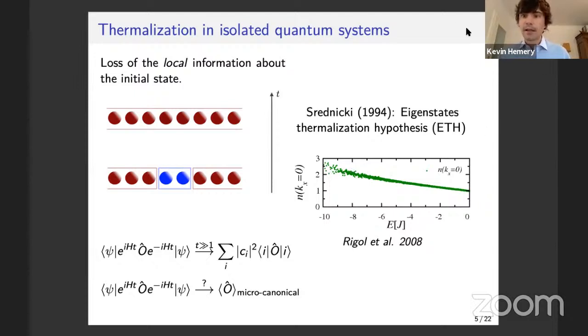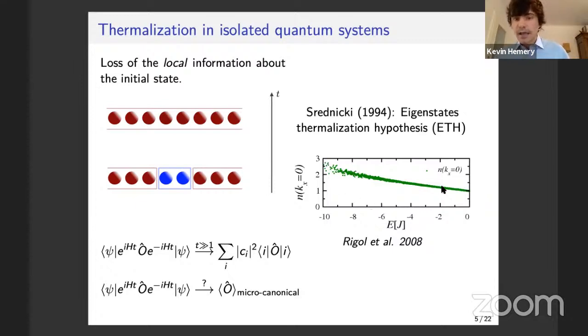There have been very large numerical calculations done in this respect. You can see here from this paper from Marcos Rigol, they measured an operator which is just the occupation number of a given momentum as a function of energy.